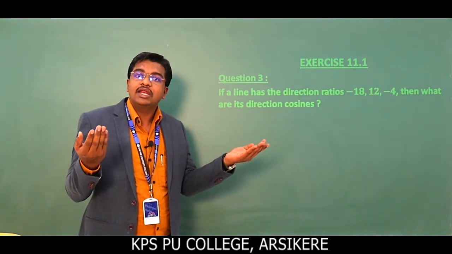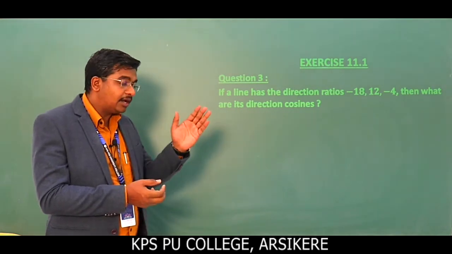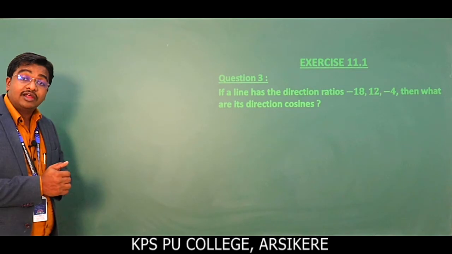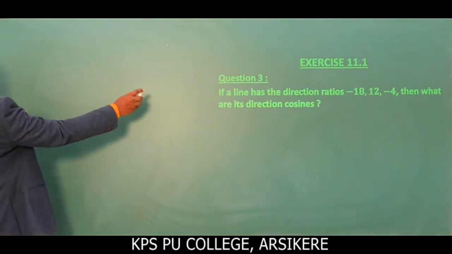L is equal to A divided by root of A square plus B square plus C square. Similarly, M and N. So first take the given direction ratios of the line as A, B and C. Solution.